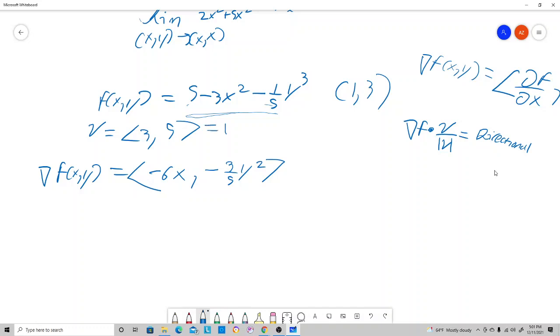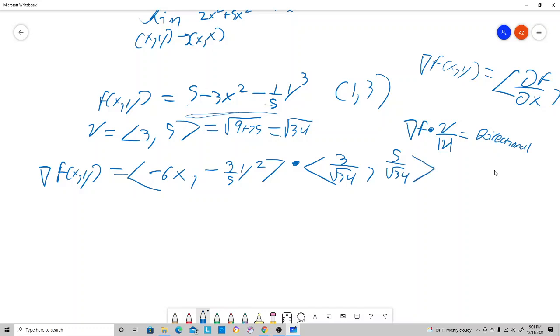Remember, we just take the square root of this, so it's 9 plus 25, and that will be 34, square root of 34. So now we can dot it. So we can say 3 over square root of 34, and then 5 over square root of 34.